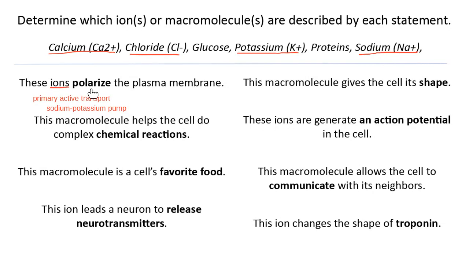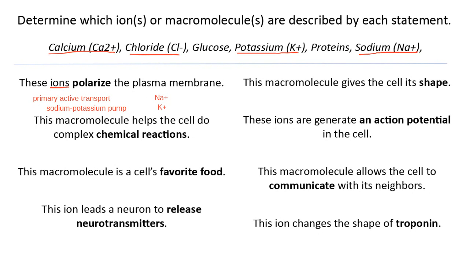So when I'm talking about the particular ions that help me to polarize the membrane, the particular ions that polarize my membrane are the two that are involved in the sodium-potassium pump. That's sodium, and that's potassium. The two main ions that polarize the membrane, that make us different inside versus outside.